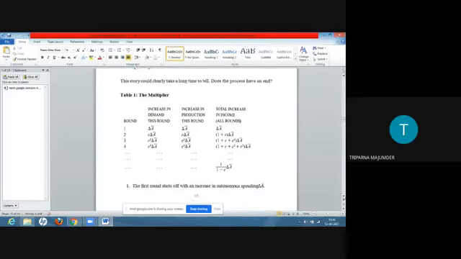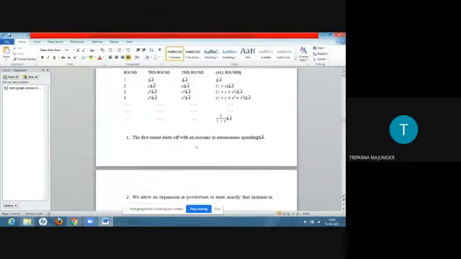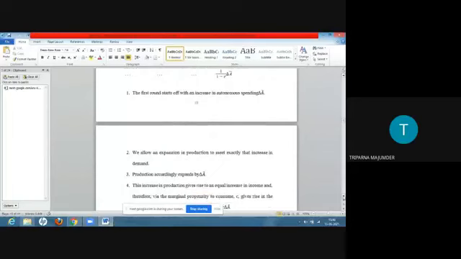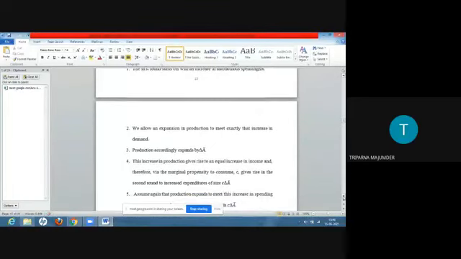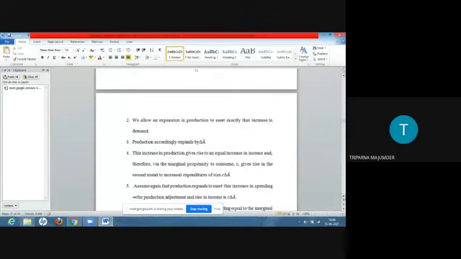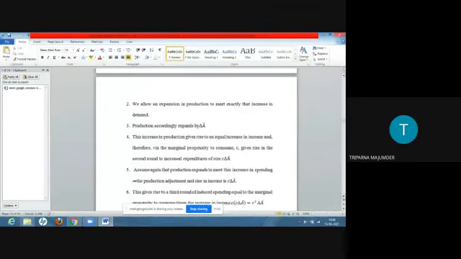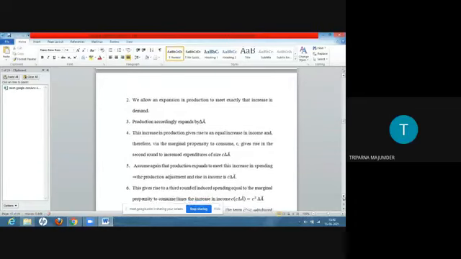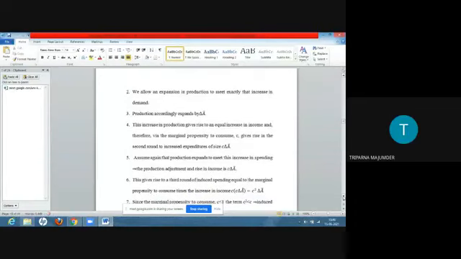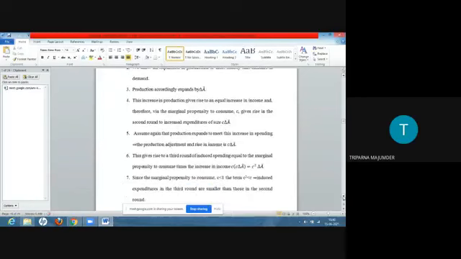We have to keep in mind that the marginal propensity to consume is less than 1. That means the increase in production in the first round is more than that of the second round, and the second round one is more than that of the third round.